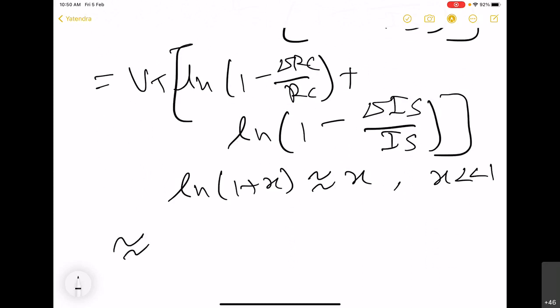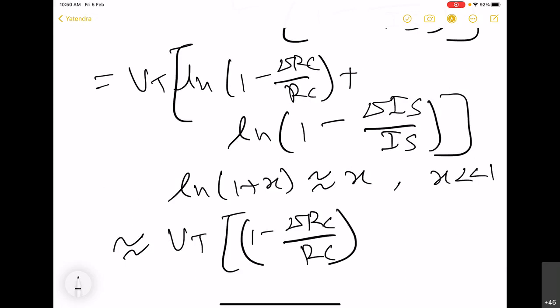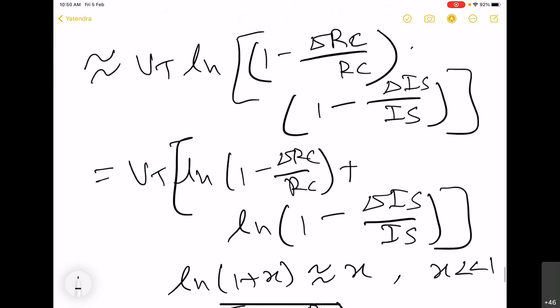So we do another approximation and get VT 1 minus delta RC by RC.